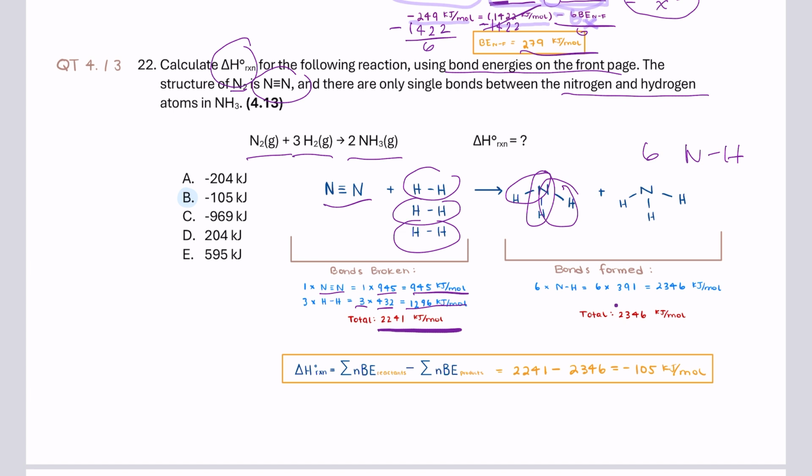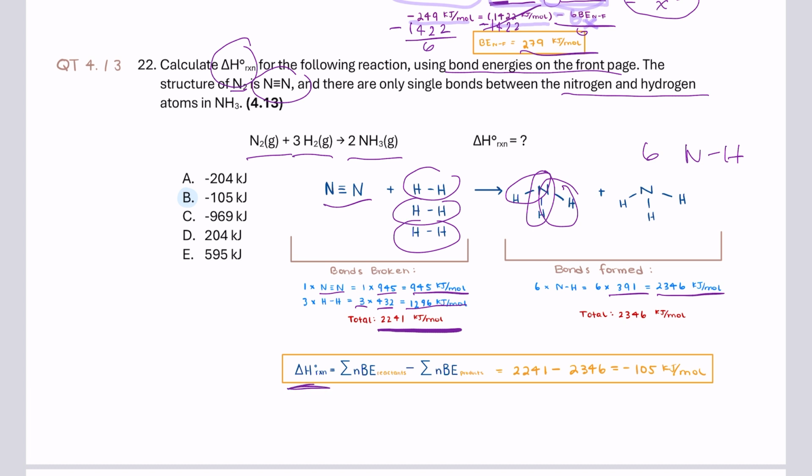Next, we calculate the energy released when new bonds are formed. Each nitrogen-hydrogen single bond releases 391 kilojoules per mole when formed, and since we form 6 of them, we multiply 6 by 391 to get 2,346 kilojoules per mole. Now we apply the formula.